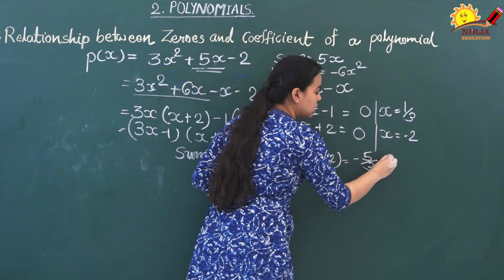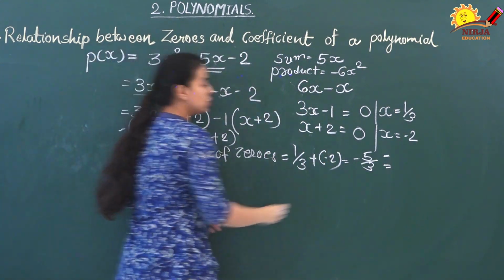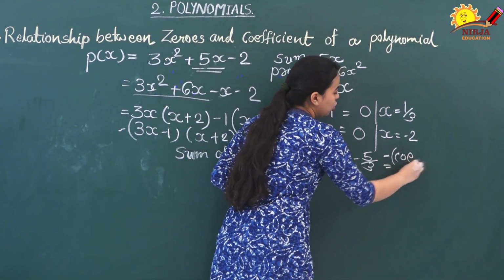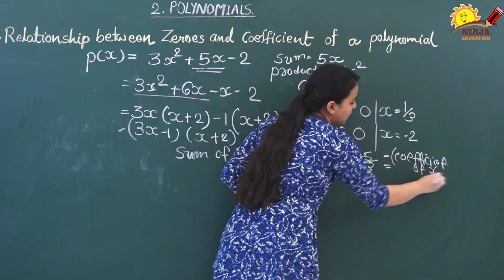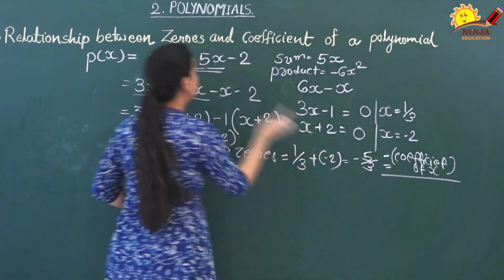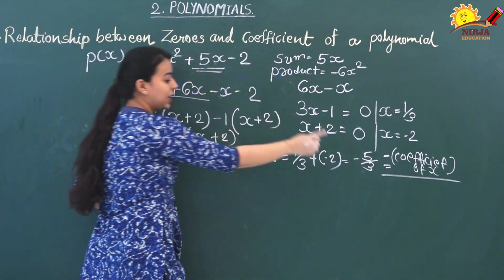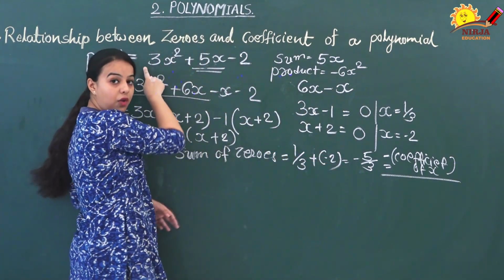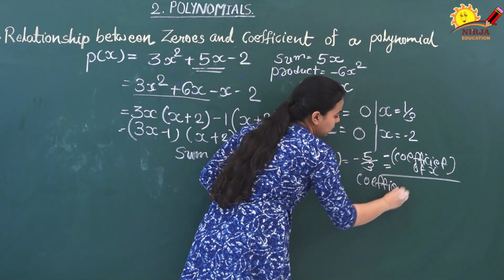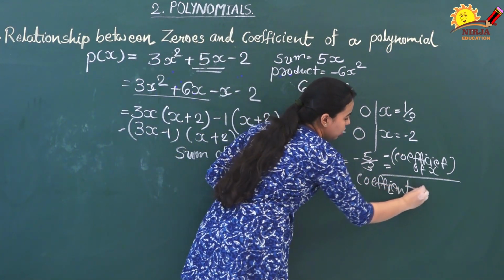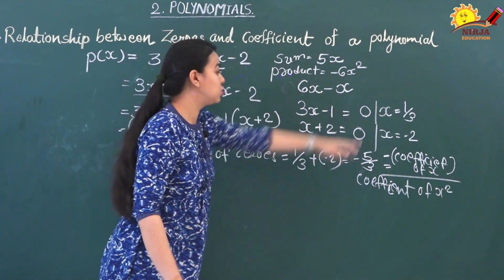So I am putting this minus sign as it is, and in place of 5, I am going to write coefficient of x. And this 3 is the coefficient of x square over here. So in place of this 3, we can write coefficient of x square.